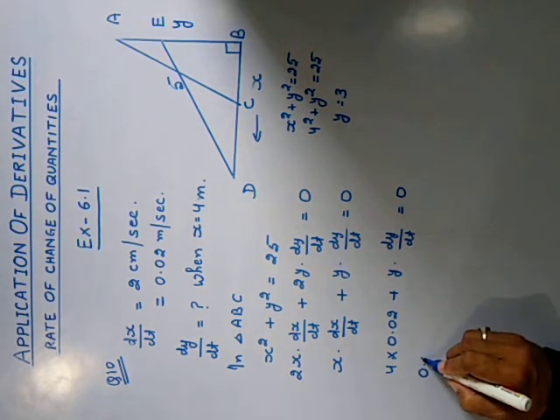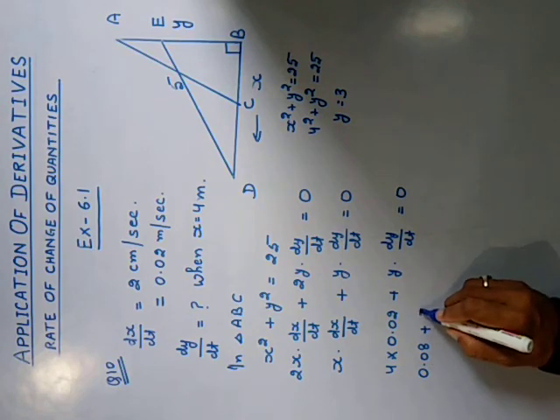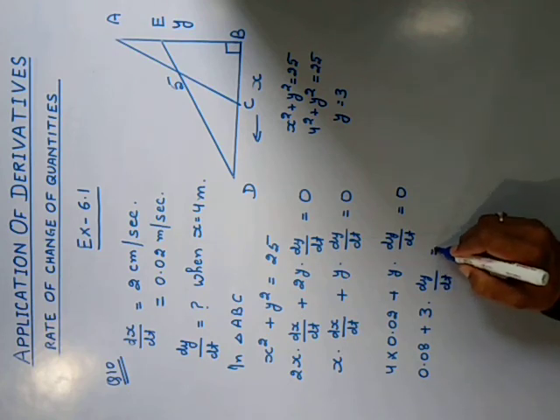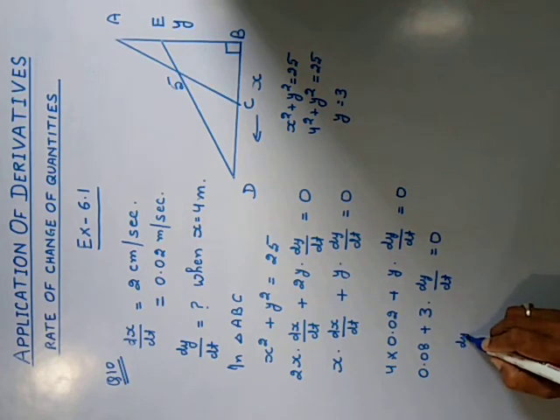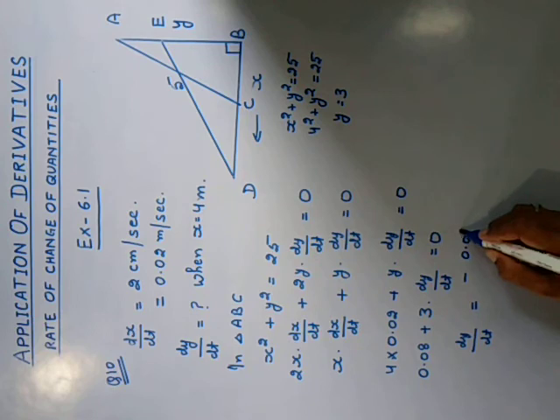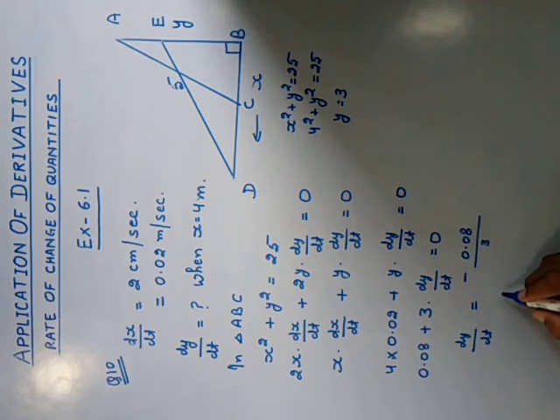So 4 into 0.02 is 0.08, plus 3 times dy over dt equals 0. So dy over dt equals minus 0.08 over 3, which equals minus 8 upon 300, which equals minus 2 upon 75 meter per second. The minus sign denotes that the height is decreasing.